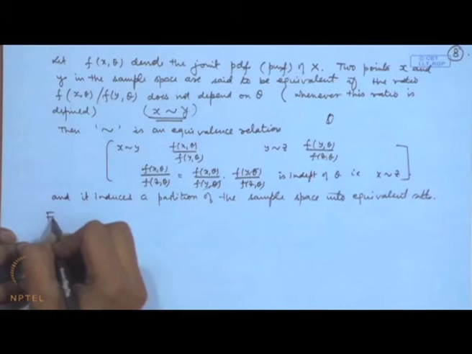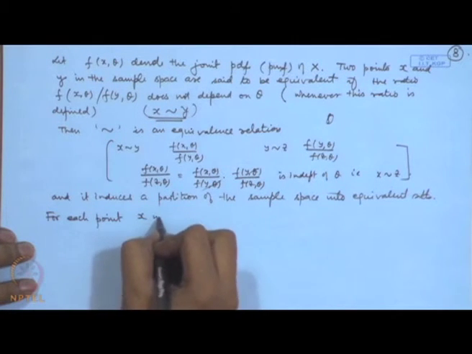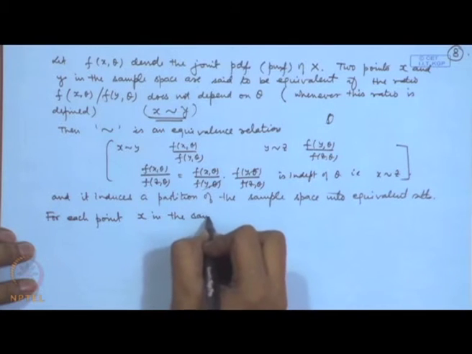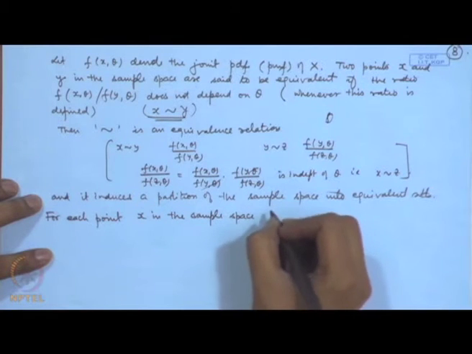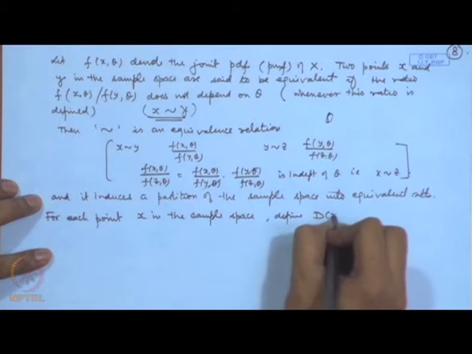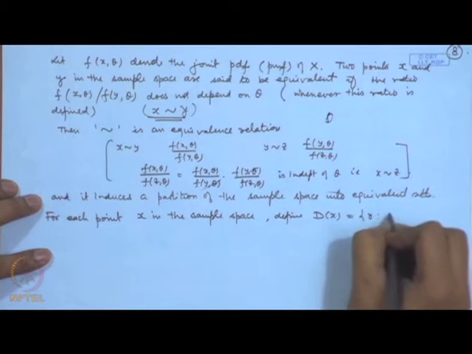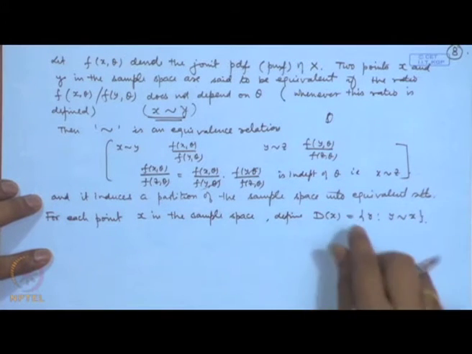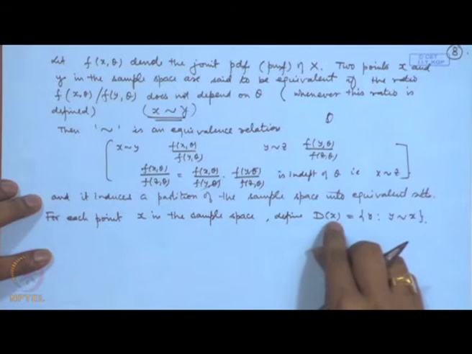So, now let us consider, for each point x in the sample space, define Dx as the set of all the y's such that y is equivalent to x. That is, for every point, whatever be the equivalent points, I will put them in the set Dx.